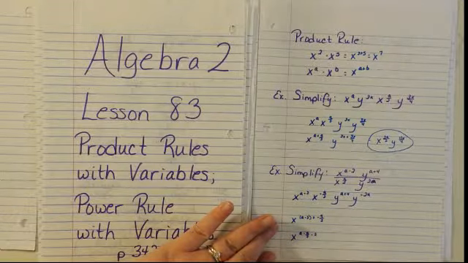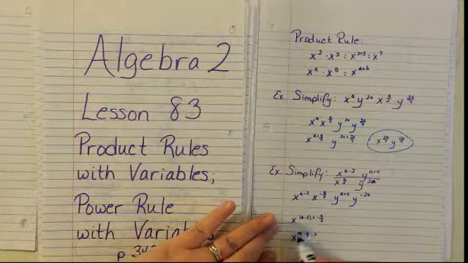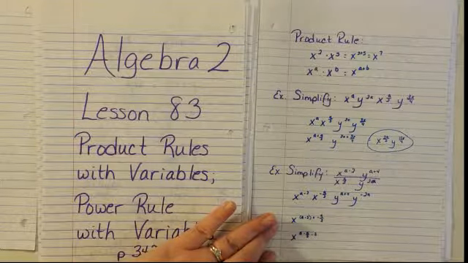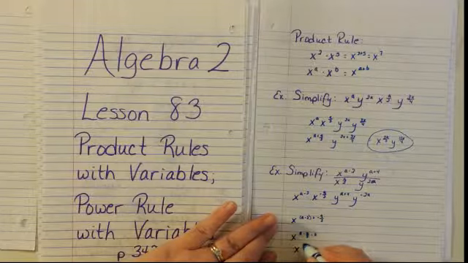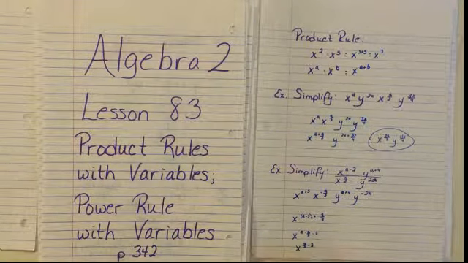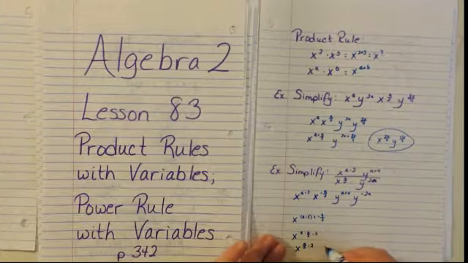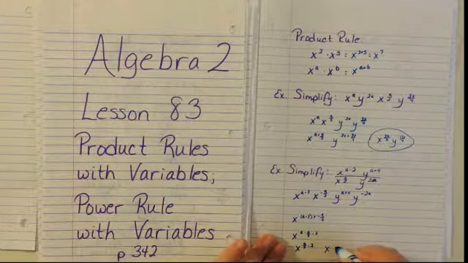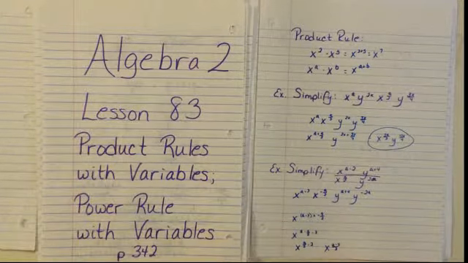This is 2 halves, right? So 2 halves minus 1/2 is 1/2. So this is going to be x to the a over 2 minus 2. We could also clean this up a little bit and make it x to the a minus 4 over 2. Either one would be correct.